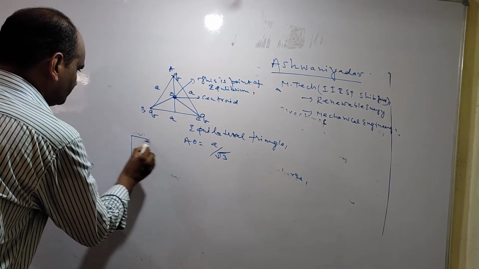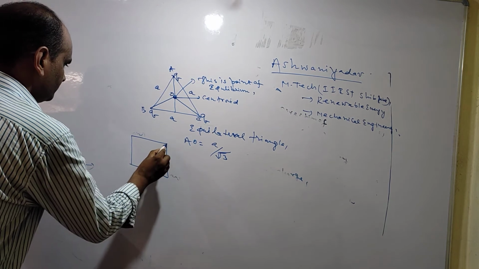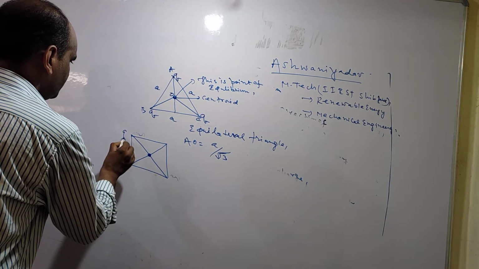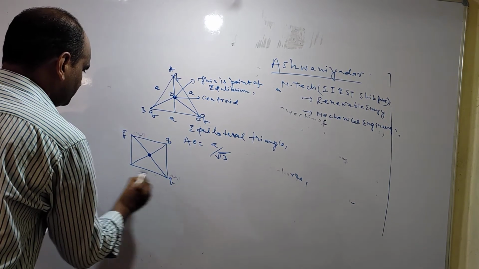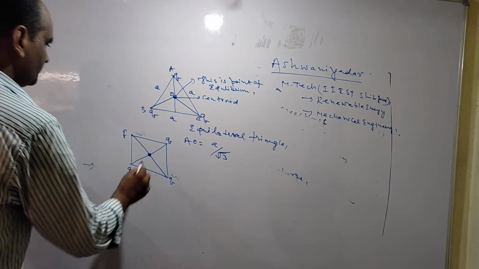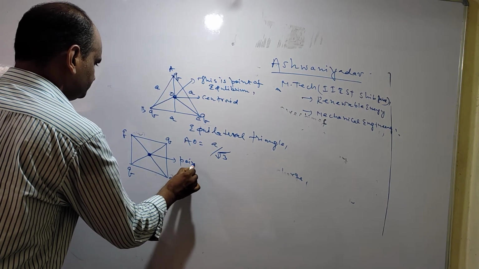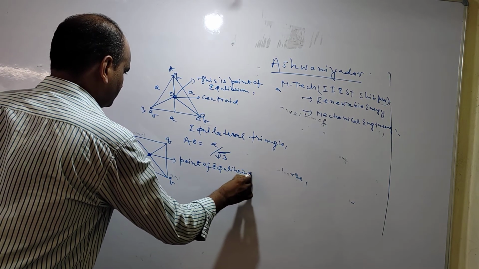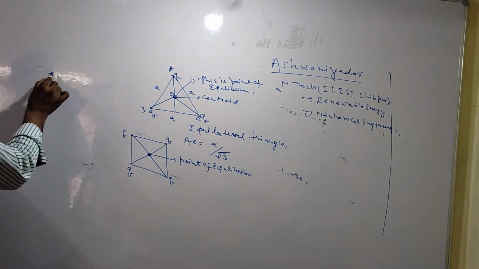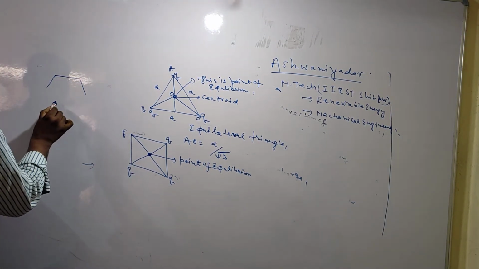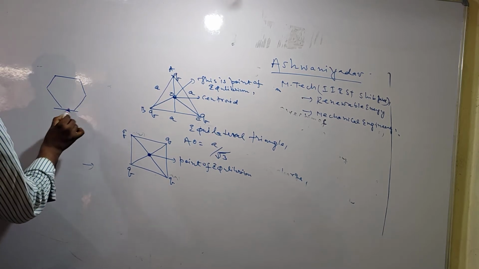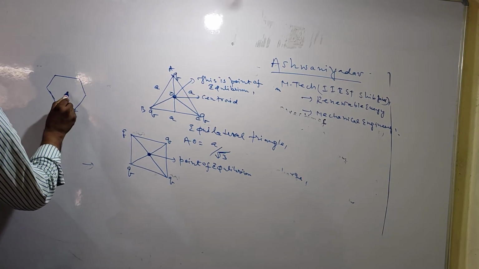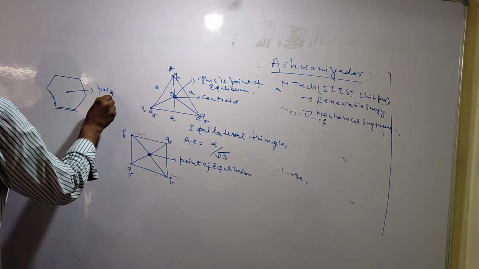Similarly, take a square, where the diagonals meet, with charges Q, Q, Q and Q. This is the point of equilibrium. Now we have a pentagon. If all sides are equal, this will be the point of equilibrium.